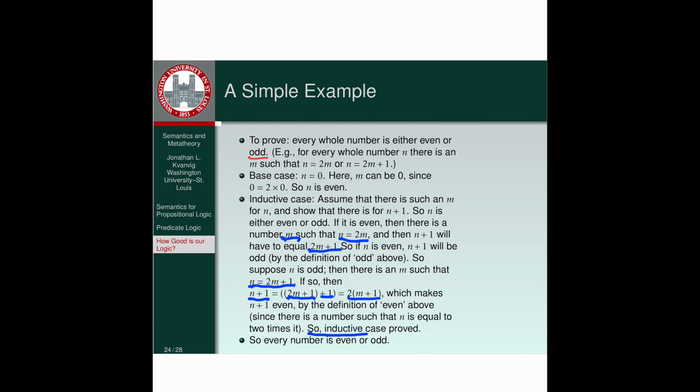So our inductive case is proved. Notice what we did was we proved a base case, we then proved an inductive case, and then by mathematical induction, we draw our conclusion. Since both the base and inductive cases are established, it turns out that the property in question is one that every number has.